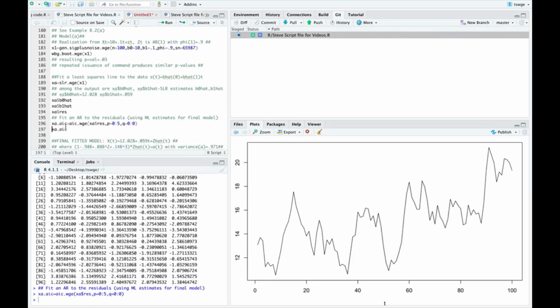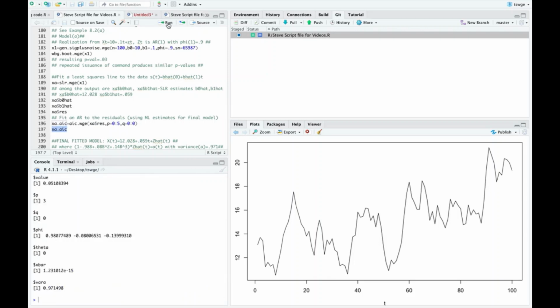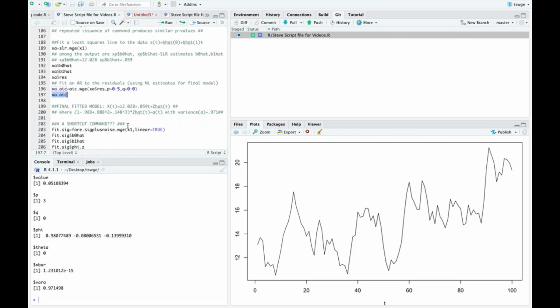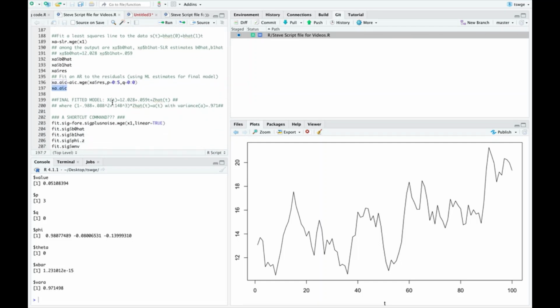And then let's look at xi.aic and see what it gives us. And what we see is the final results of the model here. We can tell that the final fitted model should look like this. x of t should be, now this came from the first part, those are the b naught hat and the b1 hat.